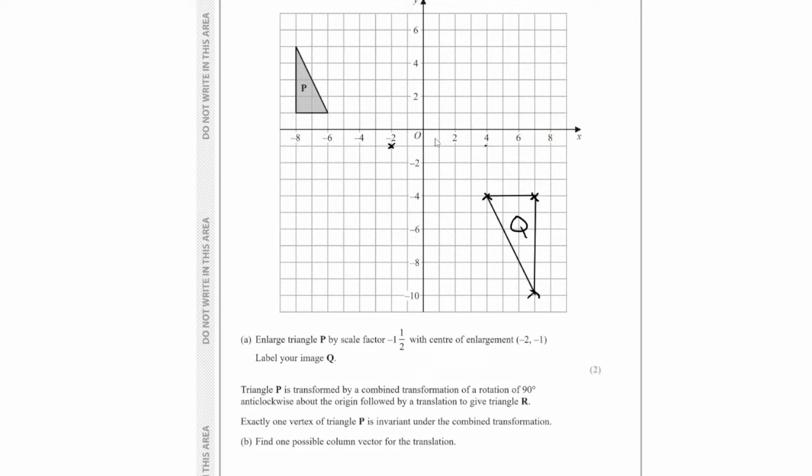The way that I do it without tracing paper is from the origin, I go, well, it's like 6 to the left, so 90 degrees anti-clockwise, obviously that direction. Instead of to the left would be down. So that's 6 down, and then it was 1 up, so that's 1 here. So that would be there. That's how I do it. Obviously you should have tracing paper so you don't have to worry.